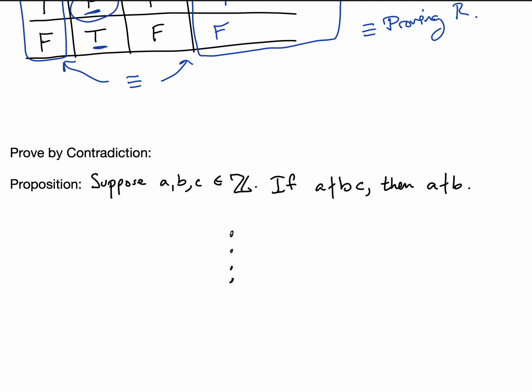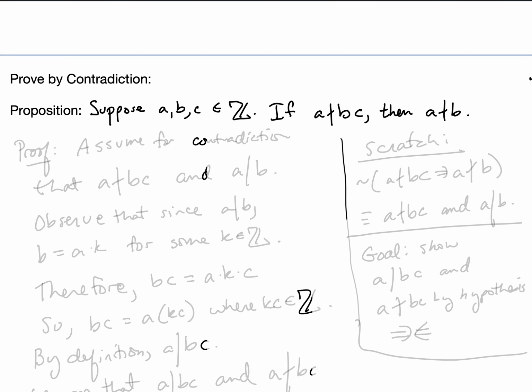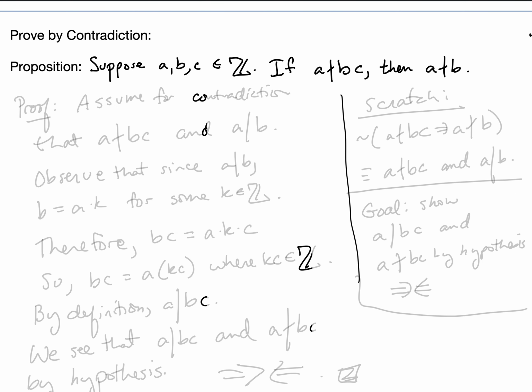Okay, so we want to prove this by contradiction. Again, we're going to keep a piece of scratch paper over on the side. So here is our scratch paper. And we first want to think about what we are trying to prove.